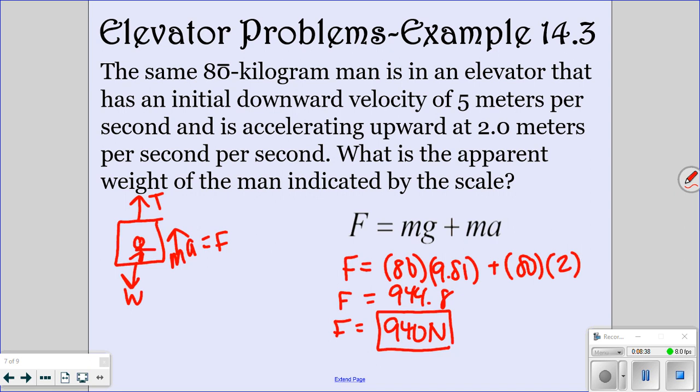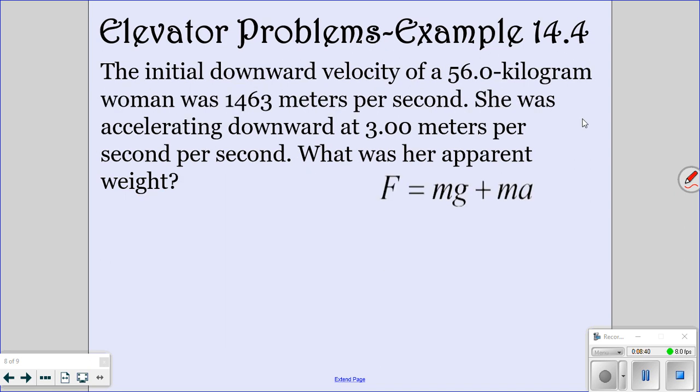Okay, so now we're going to look at another example. We have a woman. Downward velocity was that. She was accelerating downward, so her acceleration is going to be going down.